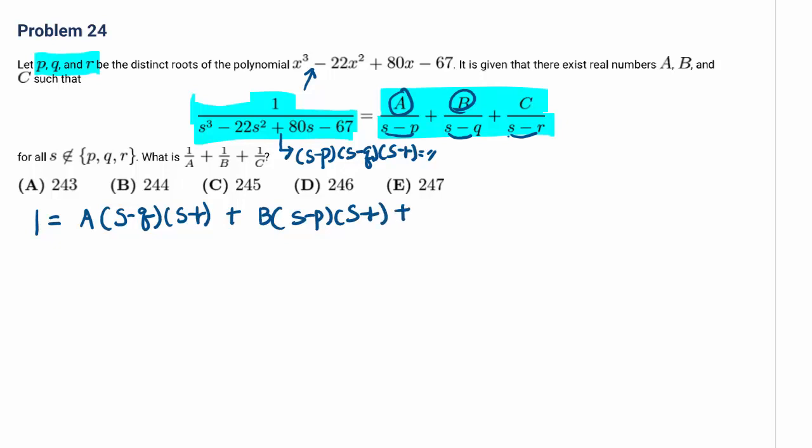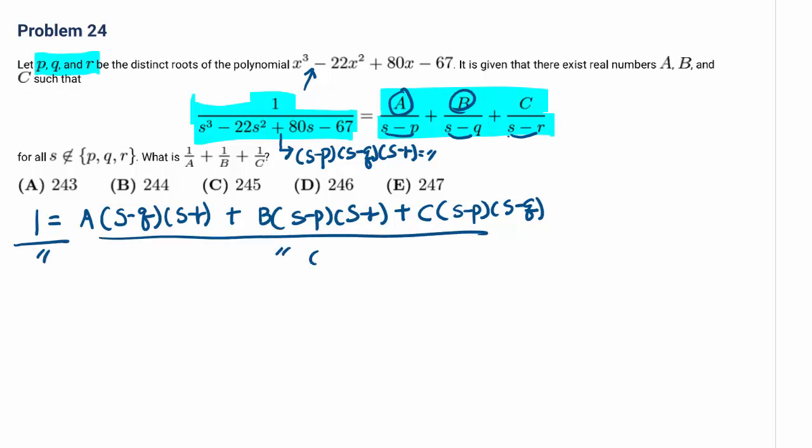And plus C times (s minus p)(s minus q). They are equal, and they share the common denominator (s minus p)(s minus q)(s minus r).